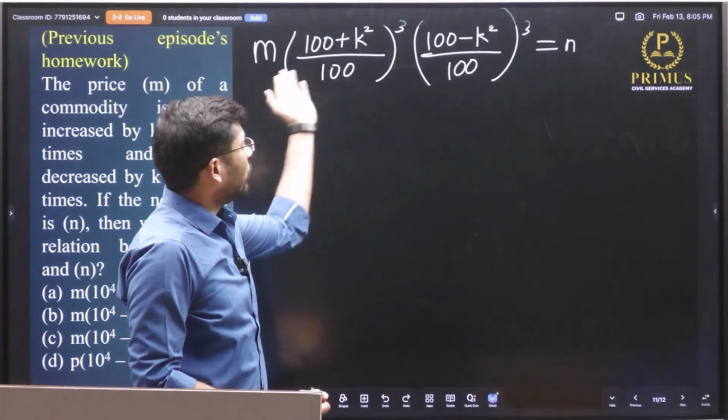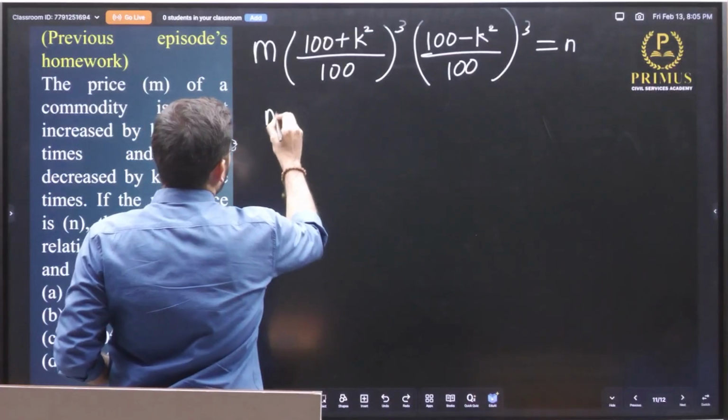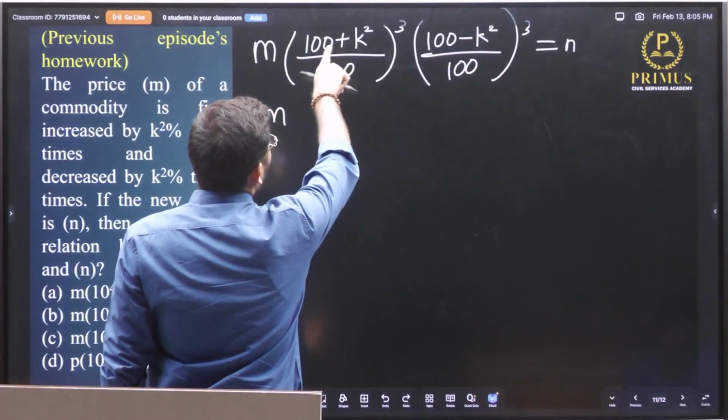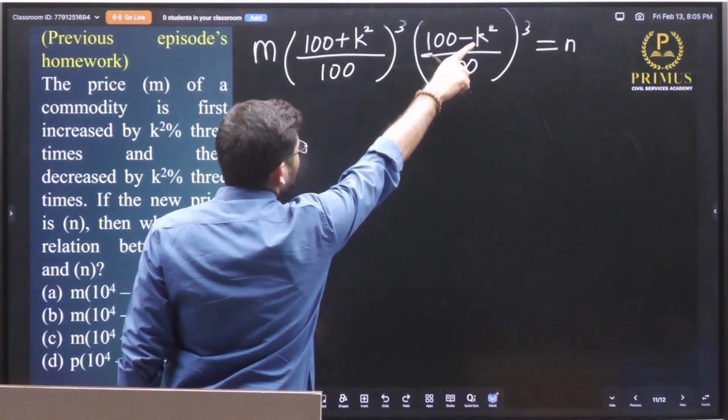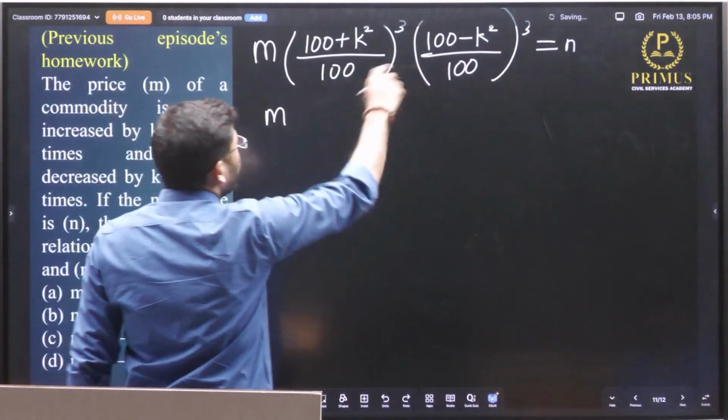Okay, let us simplify this equation. M into, see, you have 100 plus K square whole cube and 100 minus K square whole cube. So can we take whole cube common?